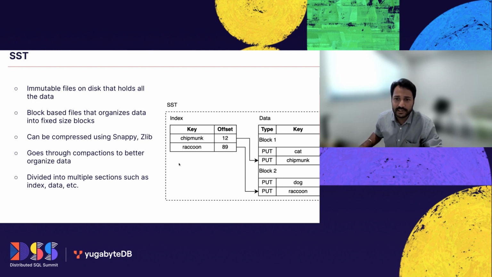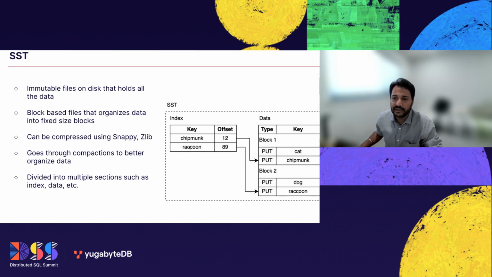Now, these SSTs are basically block-based files. So there are multiple blocks. We will look into all the blocks in detail further ahead in this presentation. But right now, this diagram just tells you how you have an index block, and then you can have multiple data blocks, and your data is organized into the blocks.